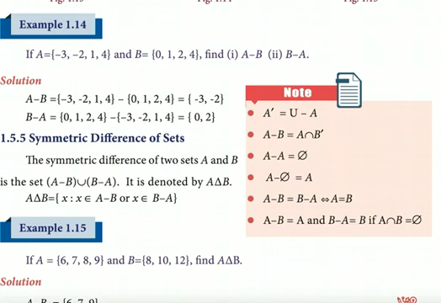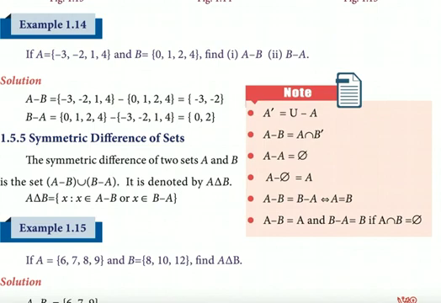A dash equal to U minus A. A minus B equal to A intersection B dash. A minus A equal to phi.